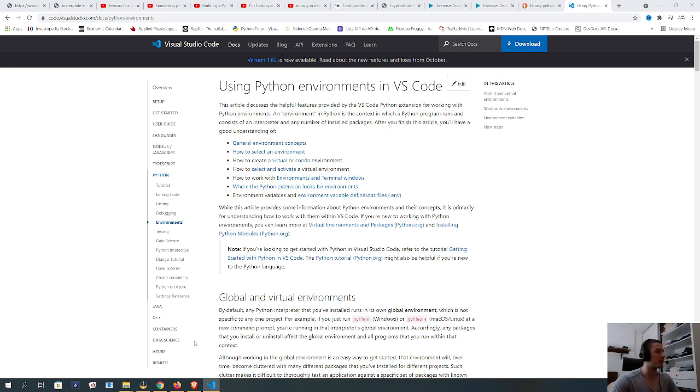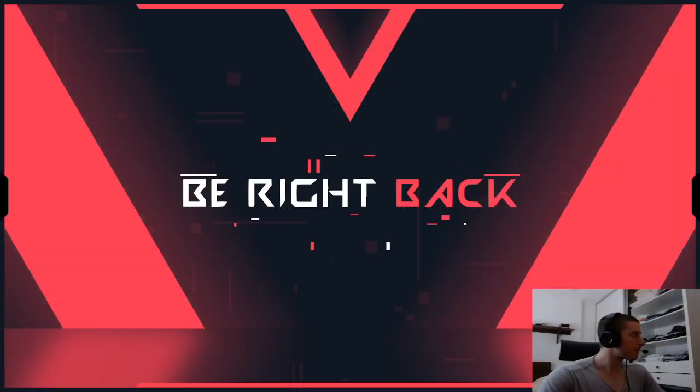I think I'm going to look at the path. Let me change the screen. I'm going to look at the environment path variable, and I'm going to try to select again.